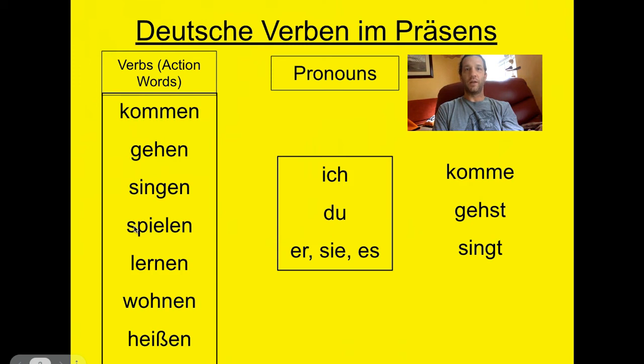Spielen, to play. Lernen, to learn. Wohnen, to live. Heißen, to be called. And then again, E ending if it's ich, ST ending if it's du, and T ending if it's third person, er, sie, es. All right, so try to remember that for the activity that you'll be clicking on after this instructional video.